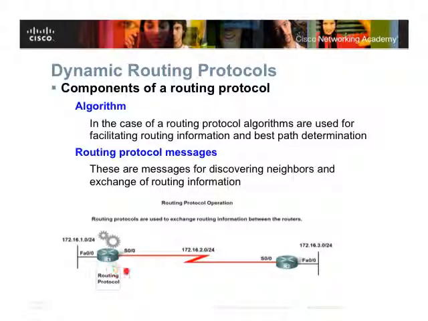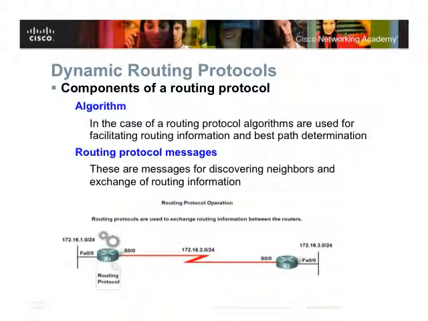So this router will send to this router some information about the LAN that is directly connected to it. Similarly, this router will send to this router information about this LAN. So if this router wants to send a message to this LAN, then it knows that it doesn't have a direct connection to it, but it can send to R1, and R1 will deliver it.